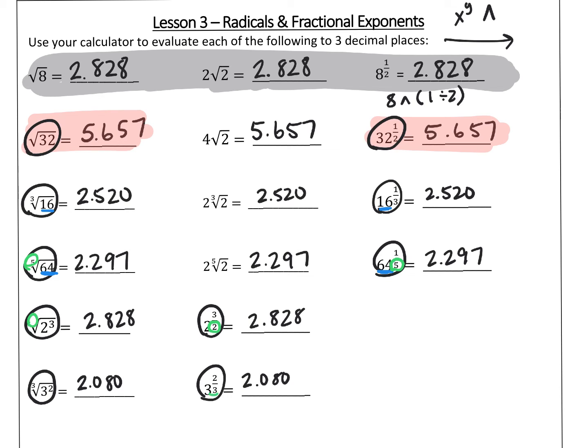Remember, it's an implied 2 there, 3, 3. And the numerator, in the first ones, was a 1, but here the numerator is the exponent.